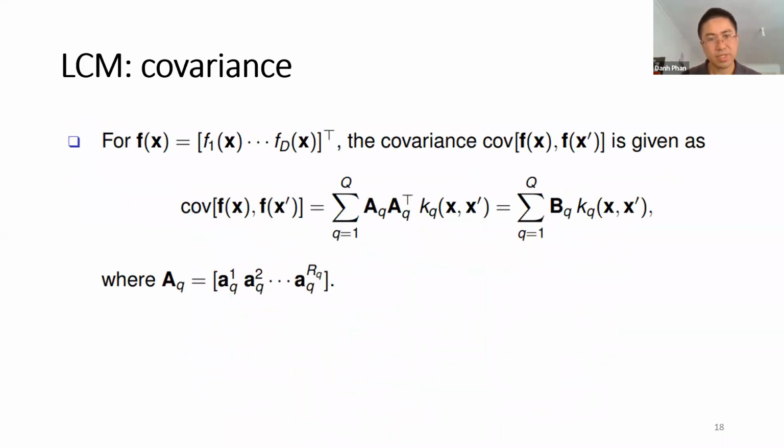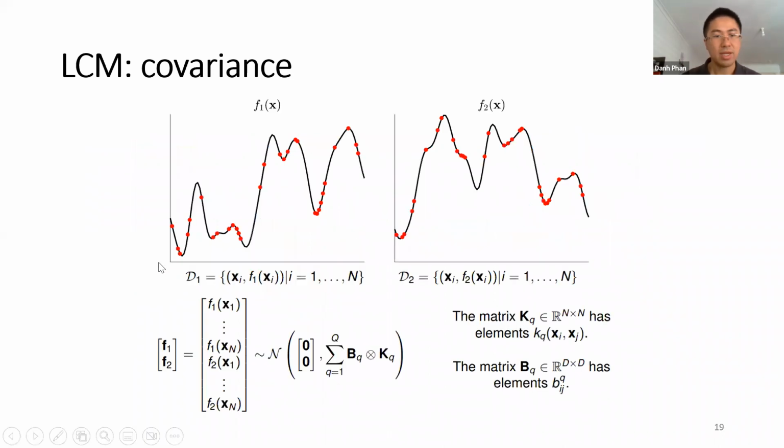The same thing, we calculate the covariance function, and at the end the kernel will be the sum of the coregionalization matrix B_Q Kronecker product with the kernel K_Q, and we sum it together. So this is for the LCM model.